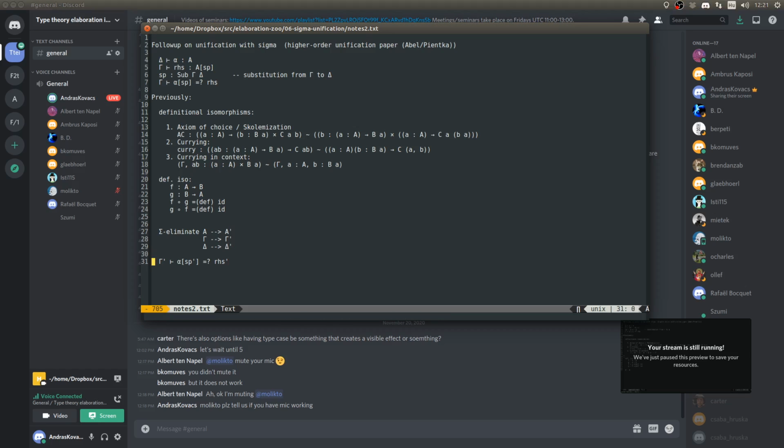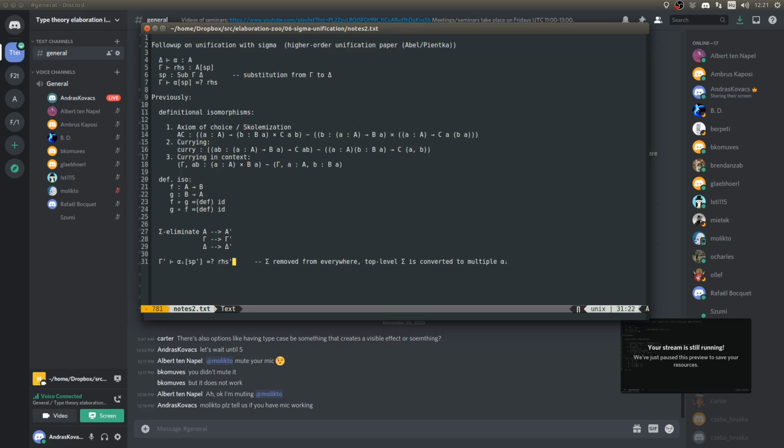And actually the way it works is that because we are converting top-level sigmas into multiple meta variables, what we have is some number of new meta variables. So sigma is removed from everywhere, and a top-level sigma is converted to multiple alpha i.